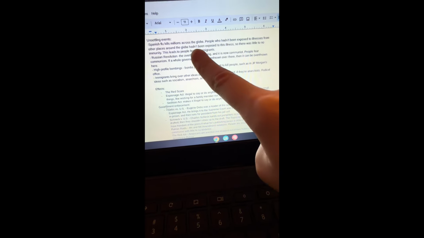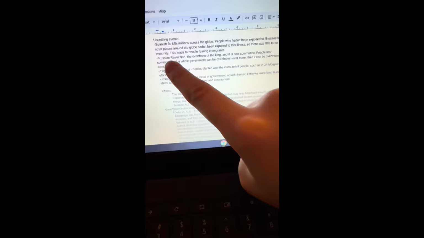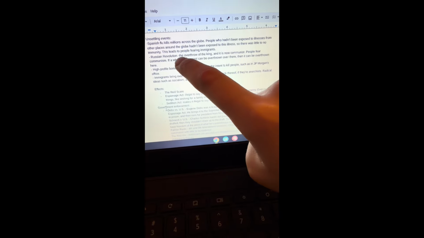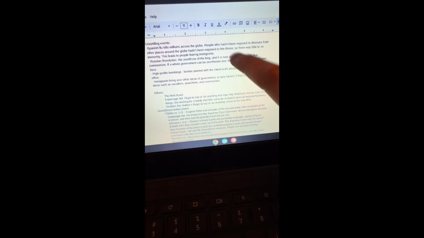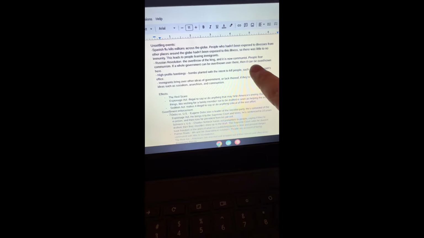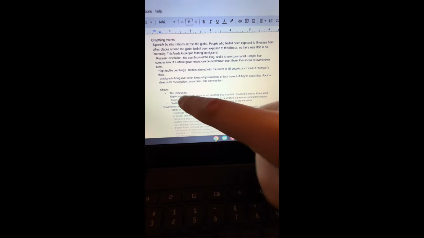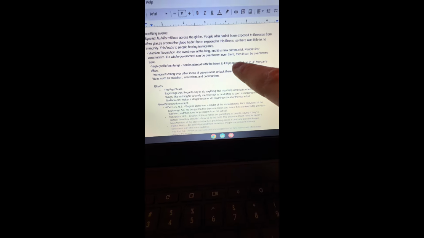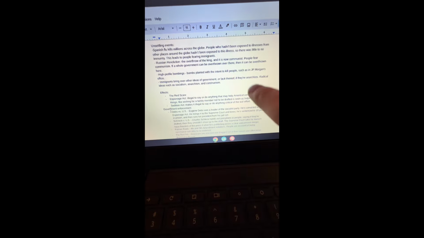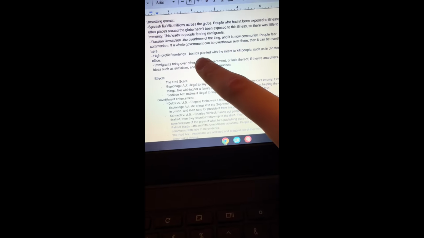So, yeah. Next. The Russian Revolution, which is the overthrow of a king, and Russia is now communist. People fear communism. So the idea in people's minds is that if the whole government can be overthrown there, then it can be overthrown here in America. Next, high-profile bombings.